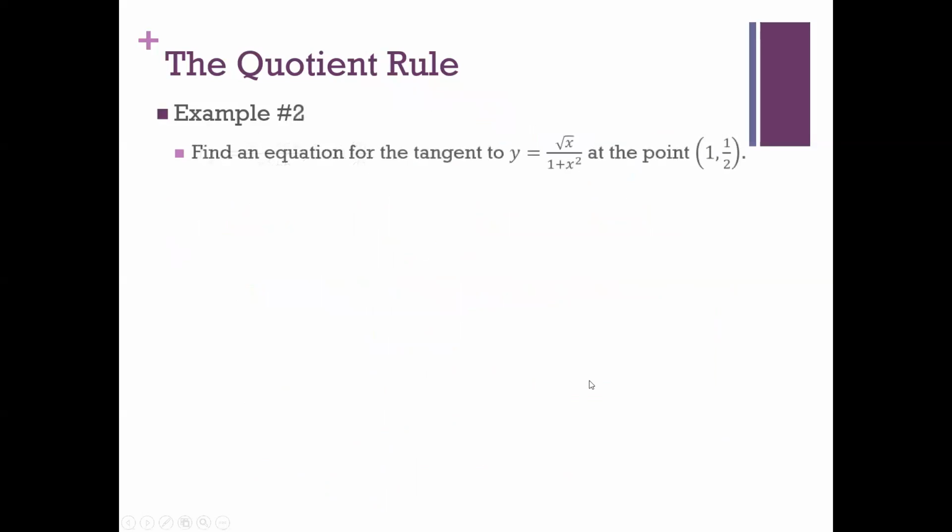Moving on. Let's find the equation of a tangent line. So I gave you the equation of a curve and a point on it. I want to find the equation of a tangent line. Where should we begin?